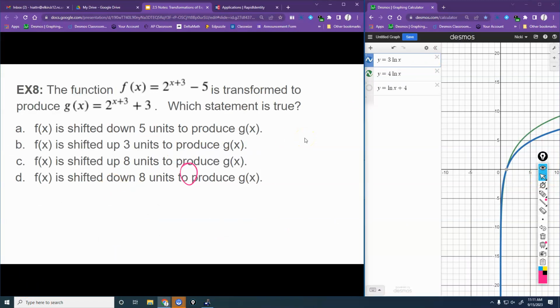Okay, try this one. I want to see if you guys can get it right. Most of the time, students don't get these right.